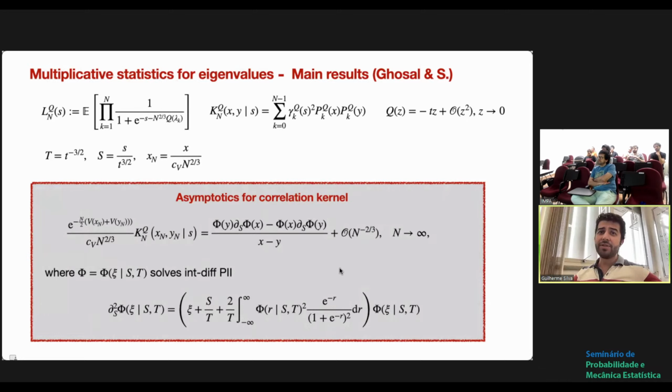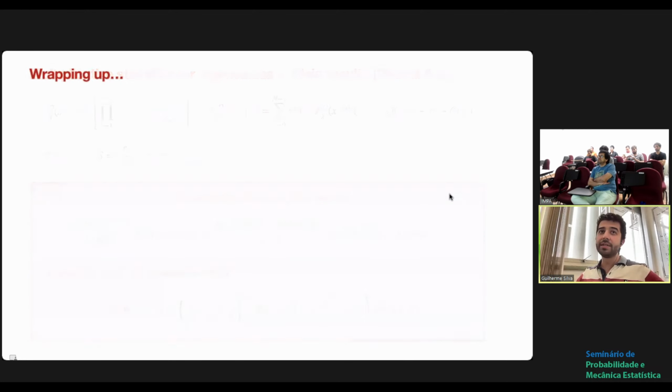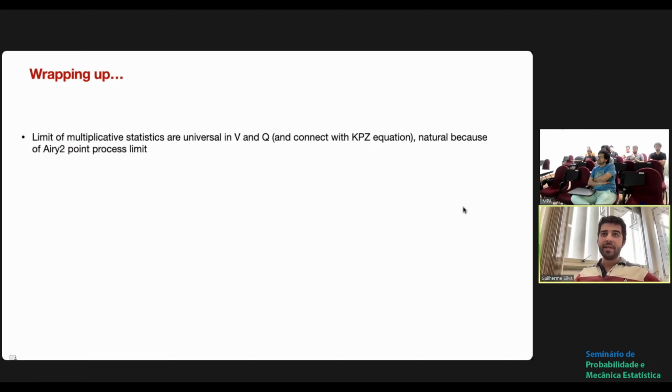And this correlation kernel also has a non-trivial limit, which essentially is constructed out of this integro-differential Painlevé equation. Just to say that the statistics that we see in the limit correspond to a certain point process as well, which is constructed out of a certain Schrödinger equation. Anyway, I don't want to mention more about that, the point process side of the limit of this multiplicative statistics. So you can also interpret convergence of point processes over there.